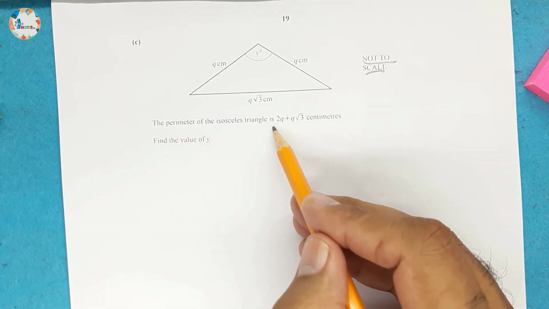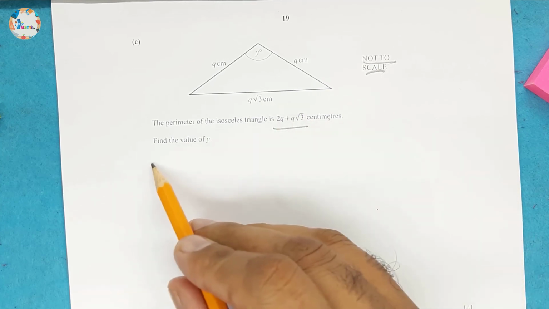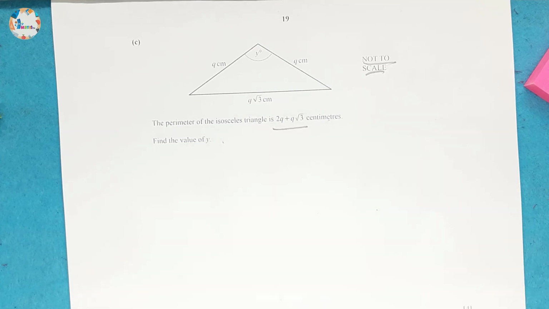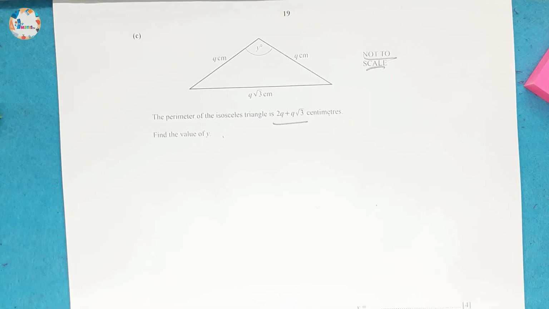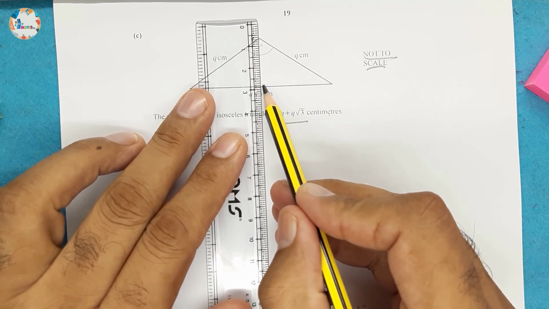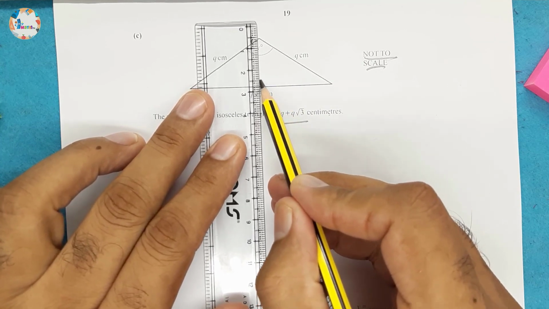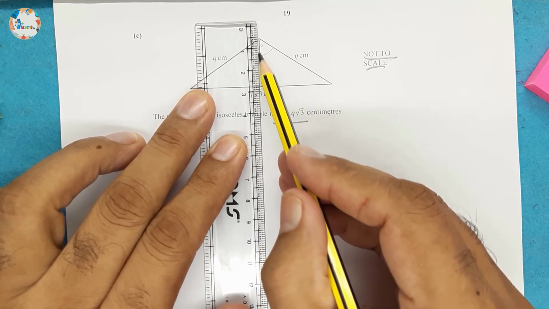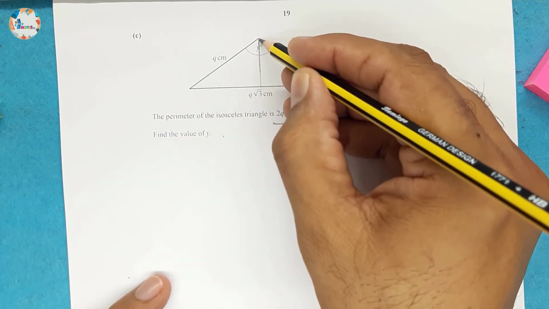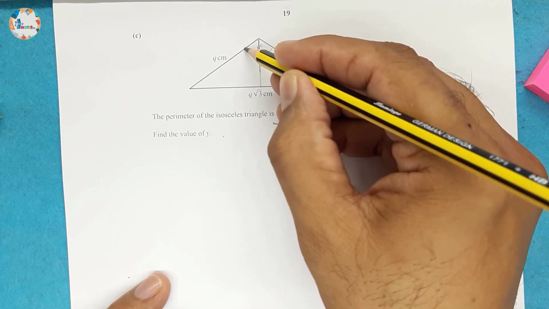Then C part, this is the triangle provided which is not to scale. The perimeter of the isosceles triangle is this much centimeters. Find the value of y. The easiest approach for this question is to split this triangle into two portions like this one, bisecting this angle.